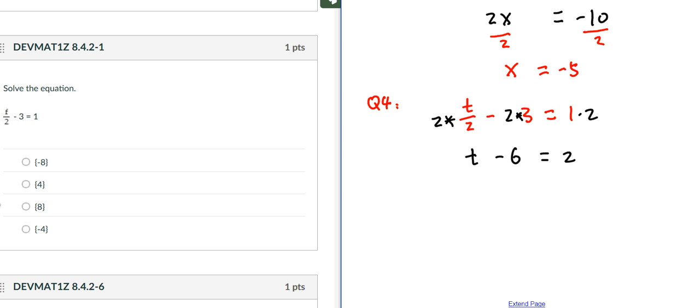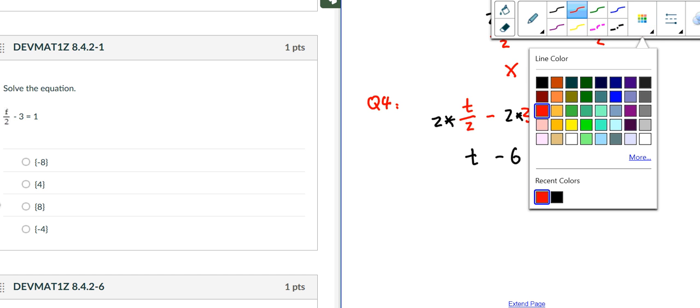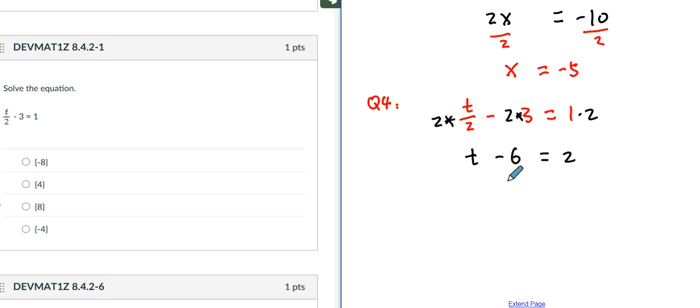See how easy it is now. So then you add 6 on both sides. You cancel the positive and negative, and then you have t equals 8. That would be the third one.